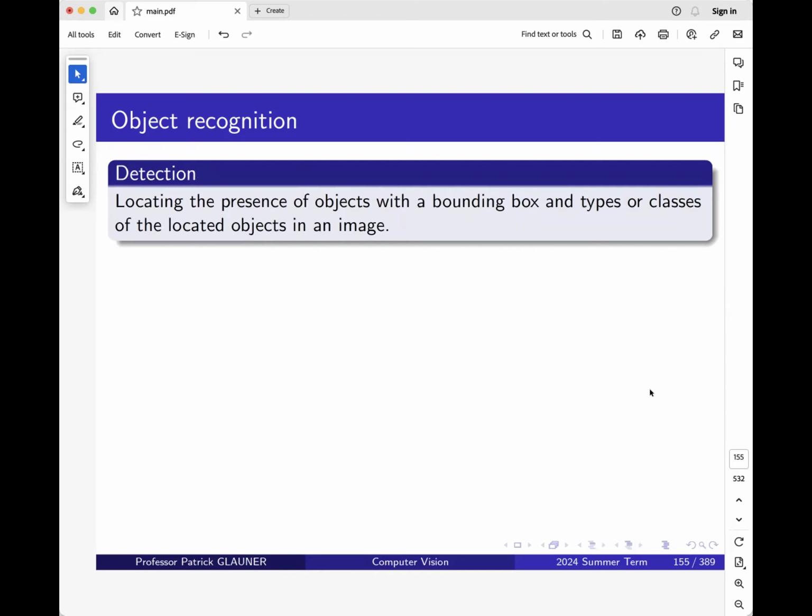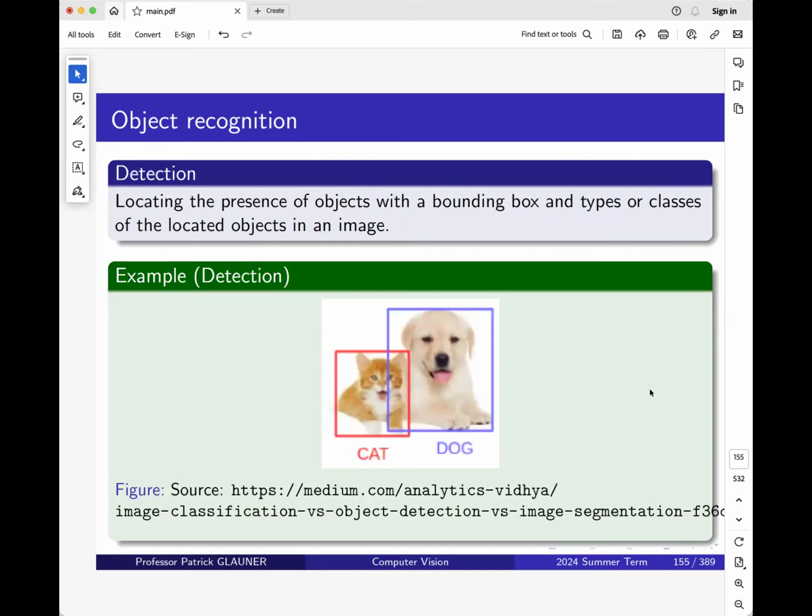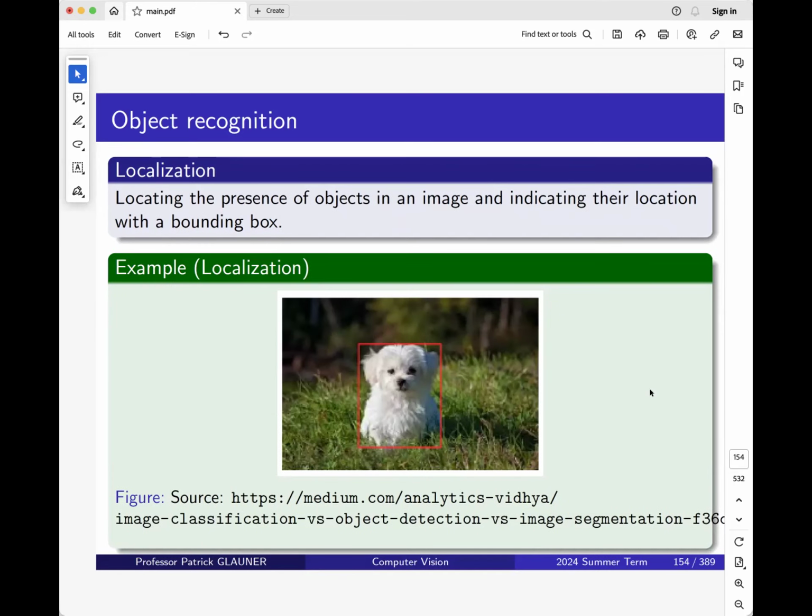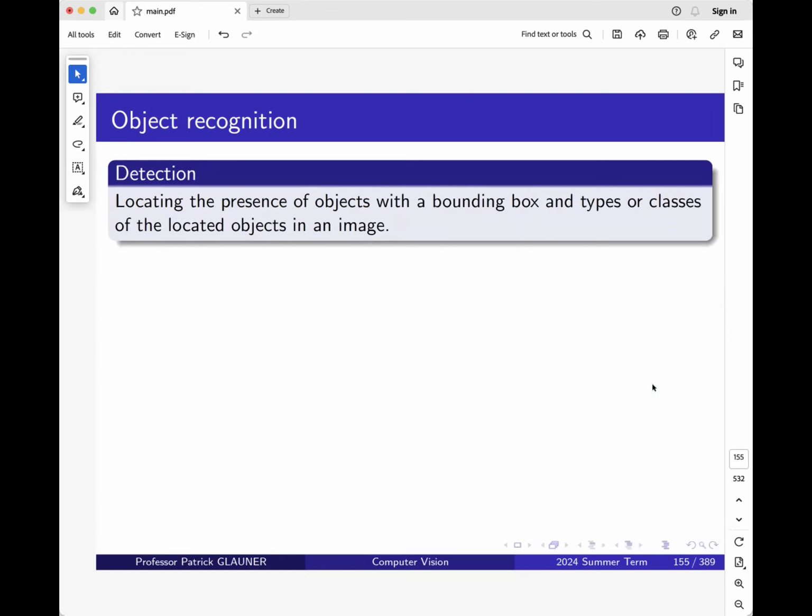Then detection means something even a little bit more complex, because I'm not just trying to locate the presence of objects, because concretely speaking, in localization, I just try to locate the objects. I'm not really classifying them yet. Here I said before it's a dog, but strictly speaking from this definition, localization means I just locate objects and put a bounding box around it.